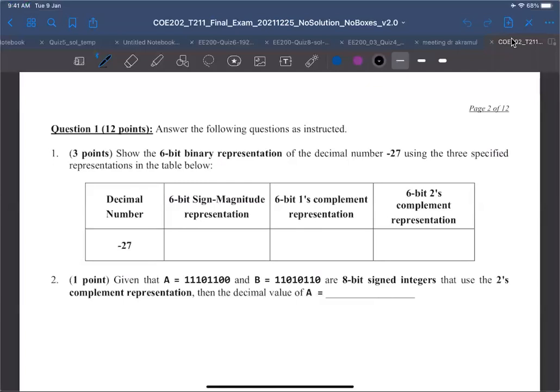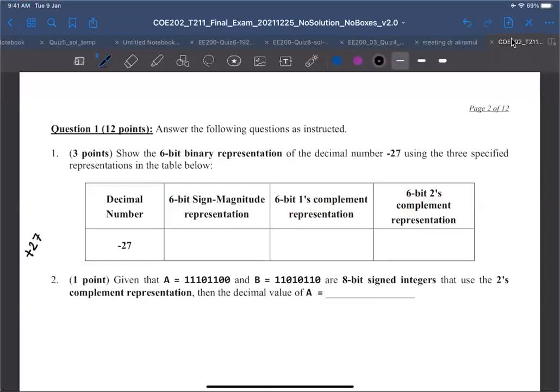First of all, we have this number here, minus 27. We'd like to represent it in 6-bit sign and magnitude, 6-bit 1's complement, and 6-bit 2's complement. First of all, we need to find out what is plus 27.